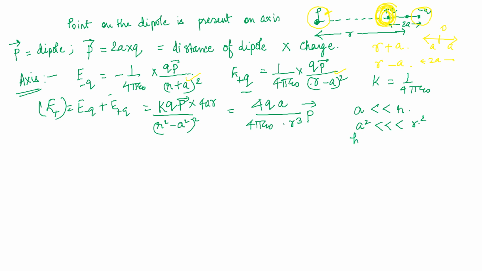Hence A square is negligible. That's how we are getting this formula. This one is E equivalent at axis. Now we will see the case for the equatorial plane.